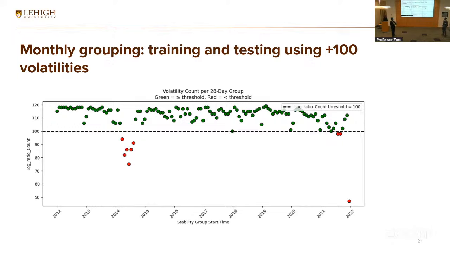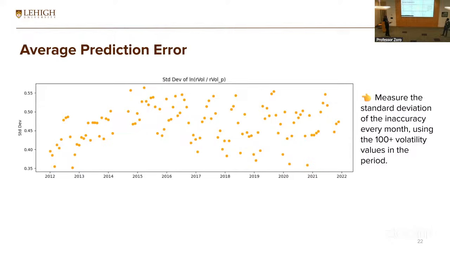If we have a certain number of error counts, we're going to consider only that data. And so we set this threshold to 100. So if we have a log ratio count of above 100, we're going to check stability and error only for that data. And as you can see, the standard deviation is almost stable throughout the whole data.